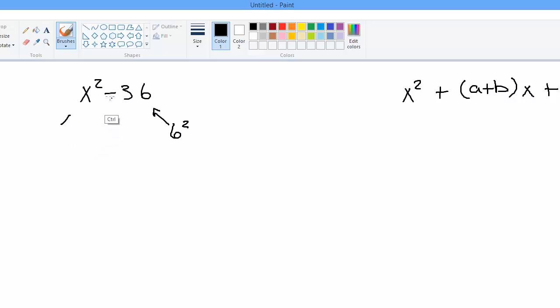Now, sometimes teachers or instructors will try and get a little bit tricky on you, and they'll throw something like this at you, x to the 4th. This is still a difference of squares. This is x squared squared.